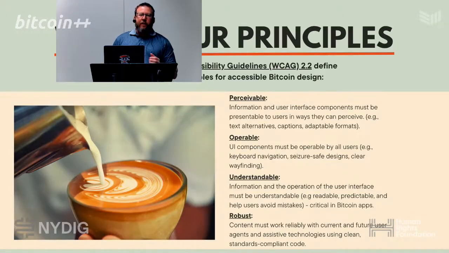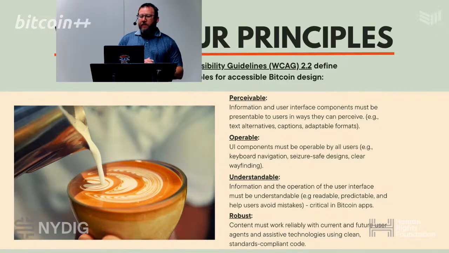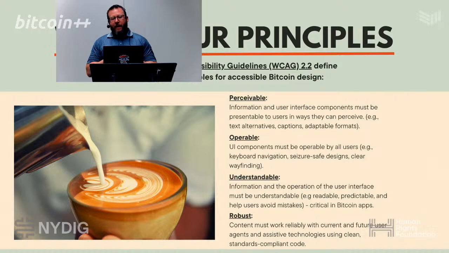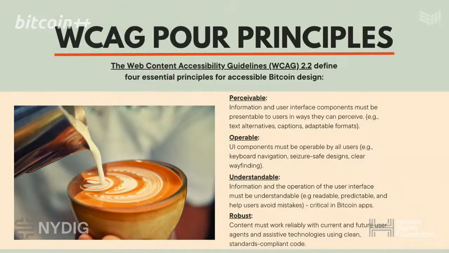So the main principles you want to think about when designing accessible applications are the Web Content Accessibility Guidelines 2.2. They have 4 essential principles for accessible Bitcoin design, or accessible design in general. That's that they're perceivable. So that just means information and user interface components are presentable to users in ways they can perceive. So providing text alternatives, captions, adaptable formats.